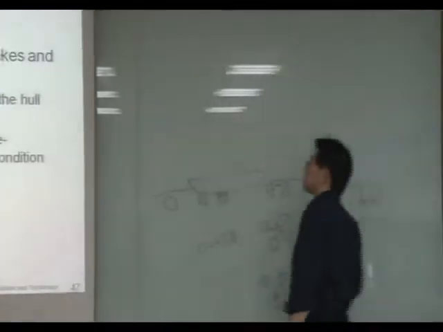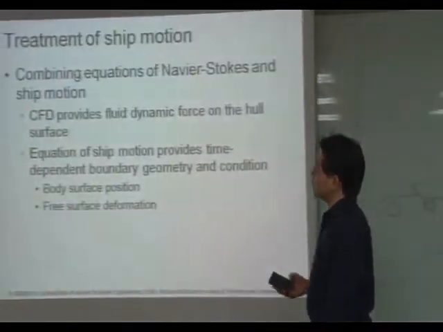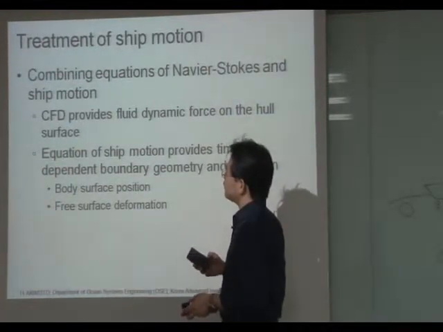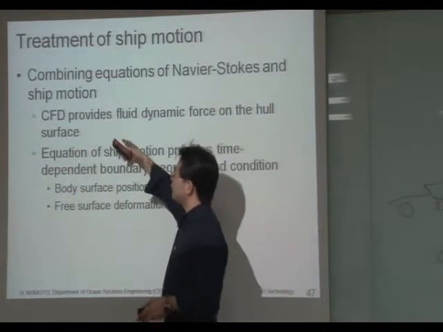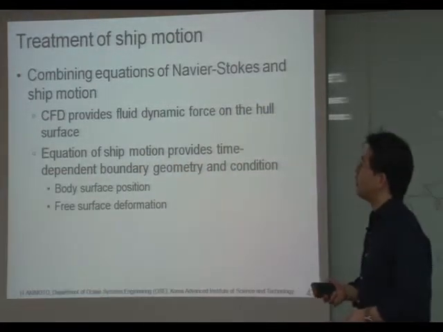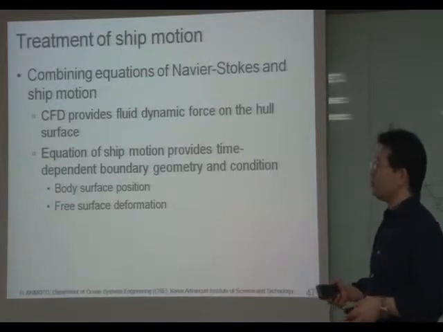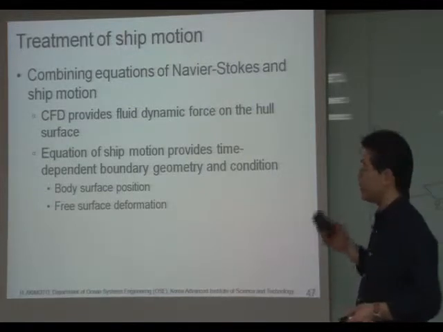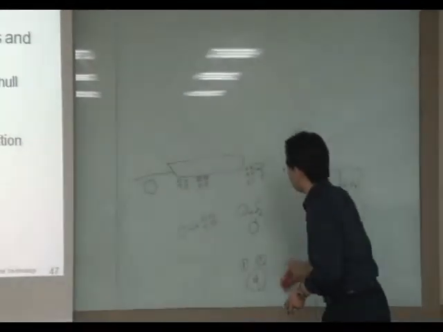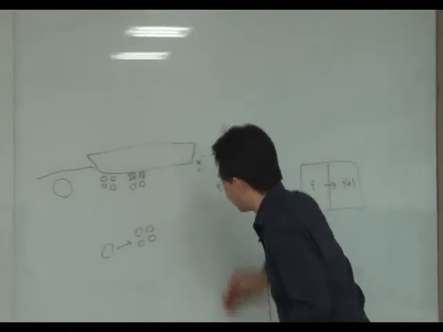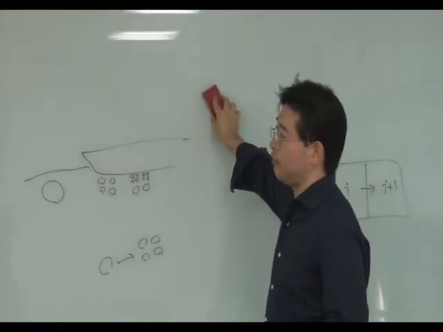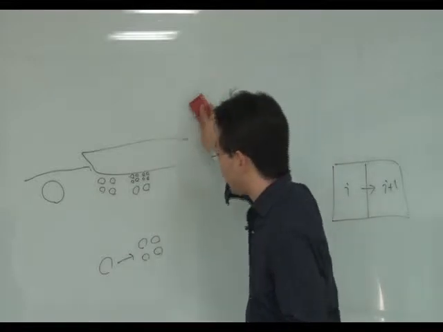For this purpose, the combination can be done in this manner. Fluid dynamic simulation provides the total force acting on the body surface. If it is ship simulation, the required force is the fluid dynamic force and moment on the hull surface.